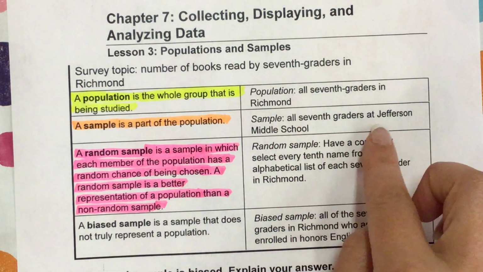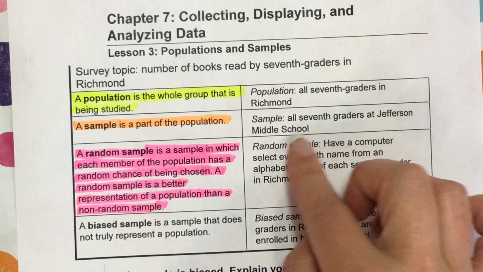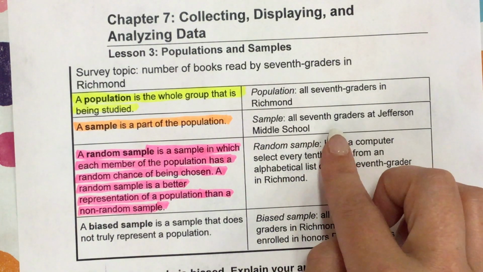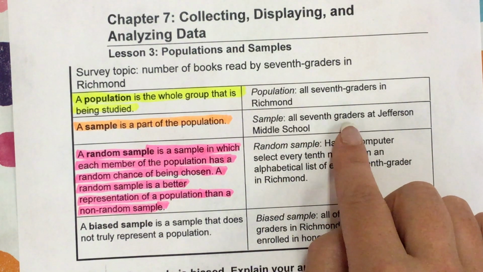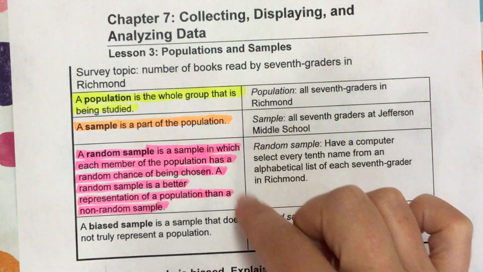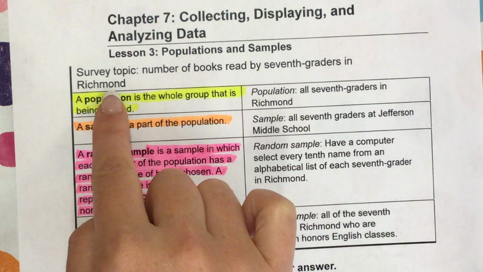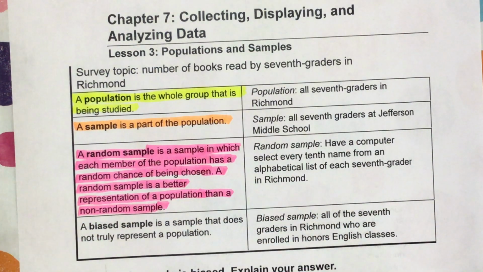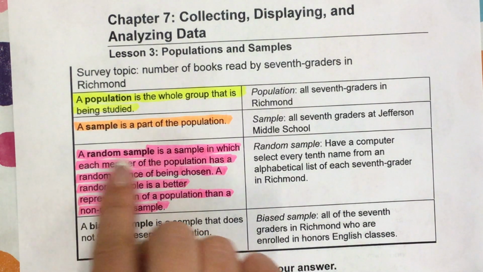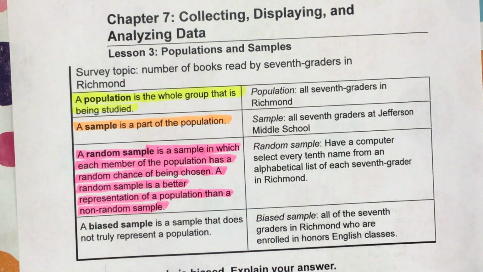So if you have 7th graders from just one particular middle school, like this first one, that wouldn't necessarily represent the entire population of the 7th graders in the city of Richmond. So whenever you're studying populations, you want to try to get a random sample of the population as best that you can.